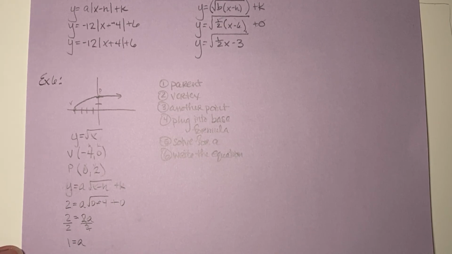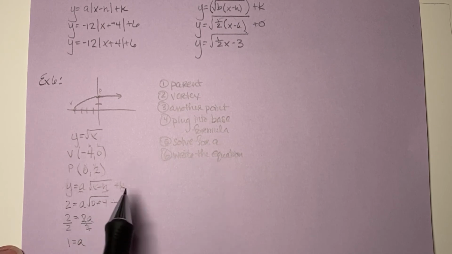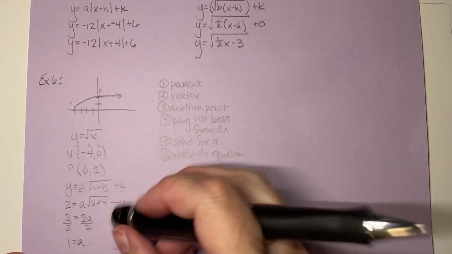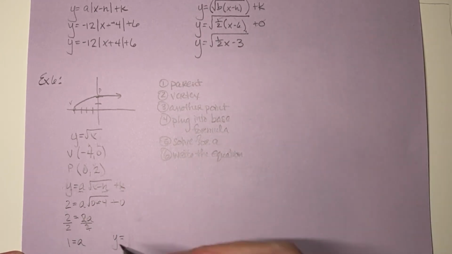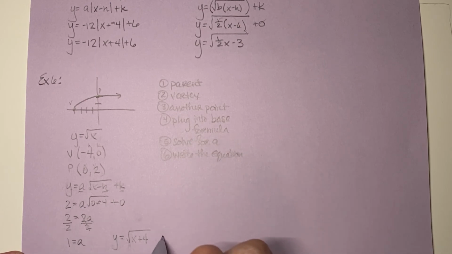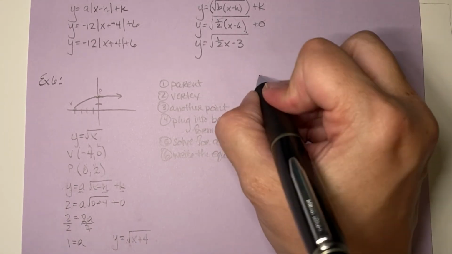Now we go back in and plug in our a, our h, and our k. So y equals 1, but we don't need to write a 1 because it's understood. So square root of x minus h, so minus the -4, so plus 4. Then plus k, but that's 0, so we leave it off. And that's our formula.